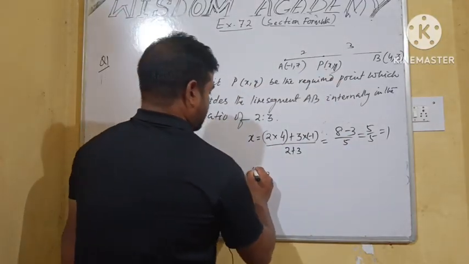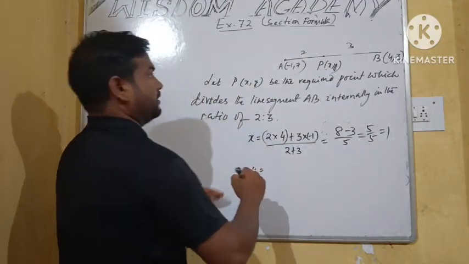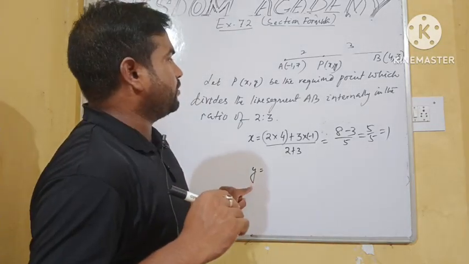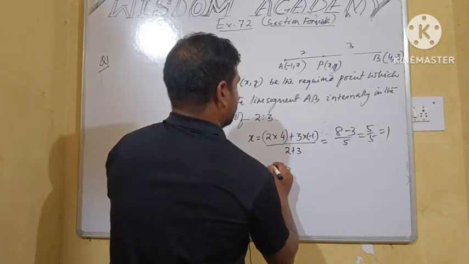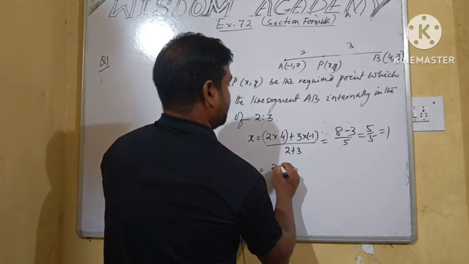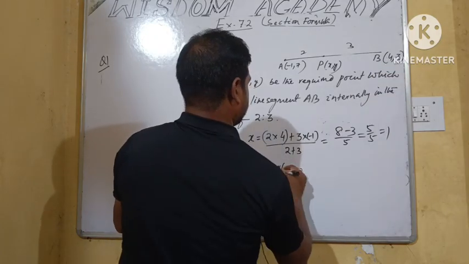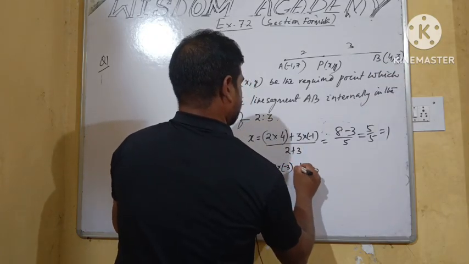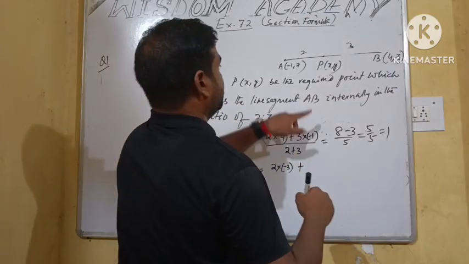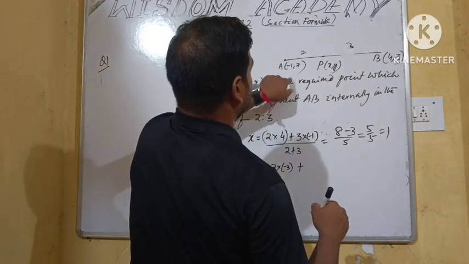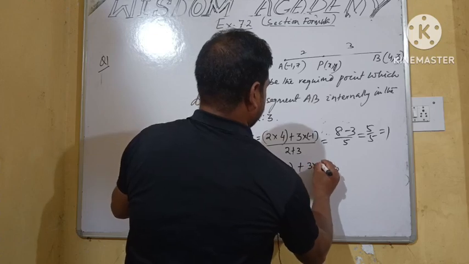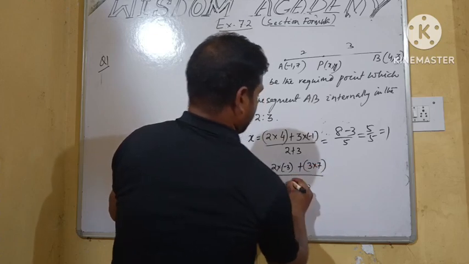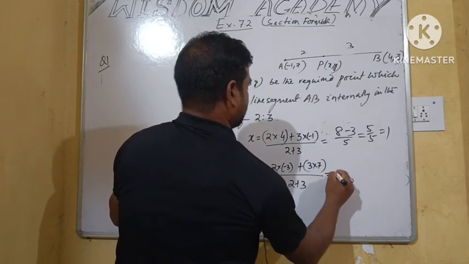Then we have to find the coordinate of y. Similarly, y is m1 into y2, 2 into minus 3, plus m2 into y1, 3 into 7, divided by m1 plus m2, 2 plus 3.